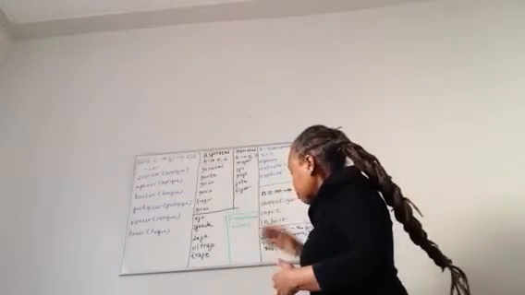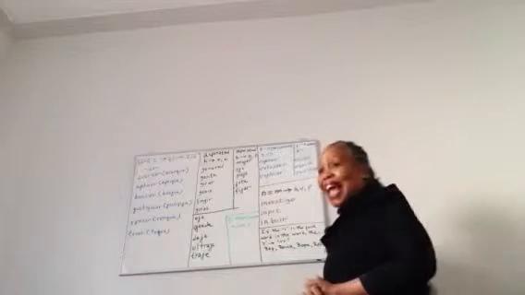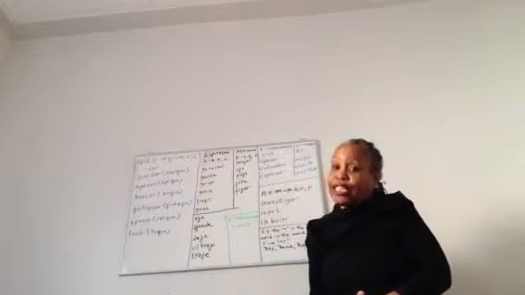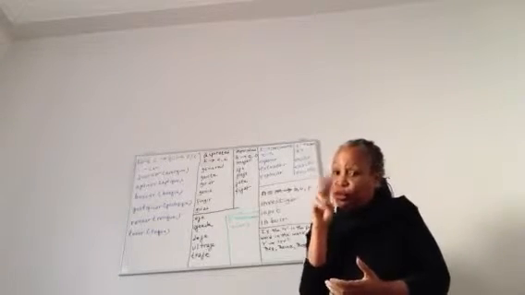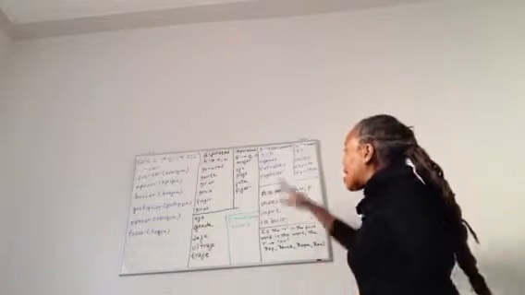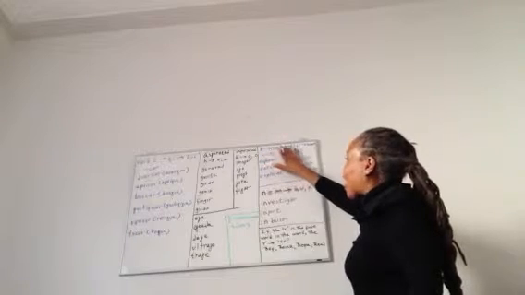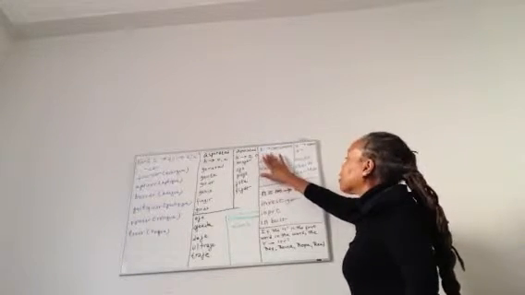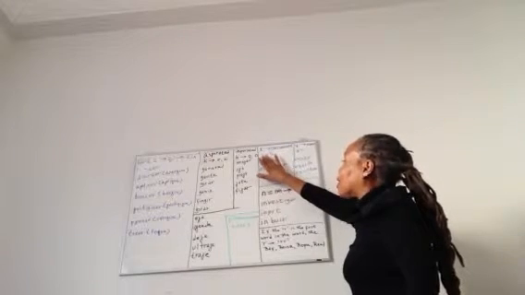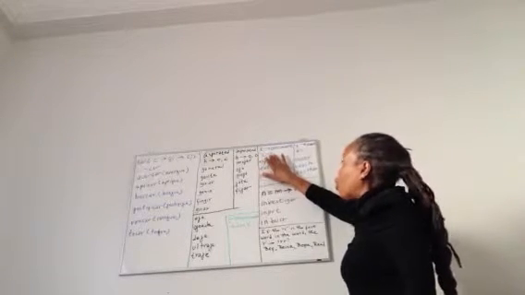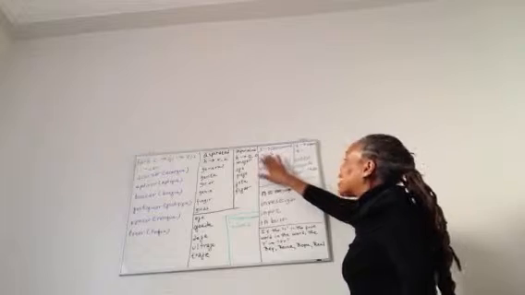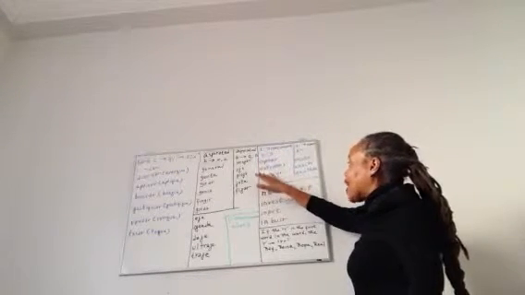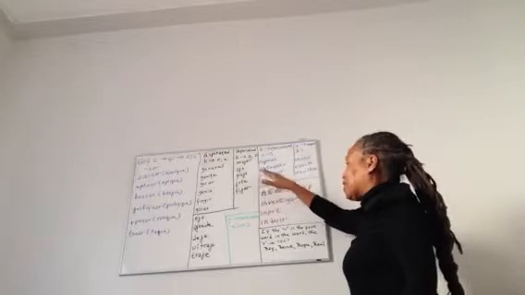Now, let's say you have an X. A lot of us Americans pronounce the X incorrectly in Spanish because there are two rules. Rule number one, if the X is before a consonant, then the X takes on the sound of the S. Exponer, extrañar, and explicar.